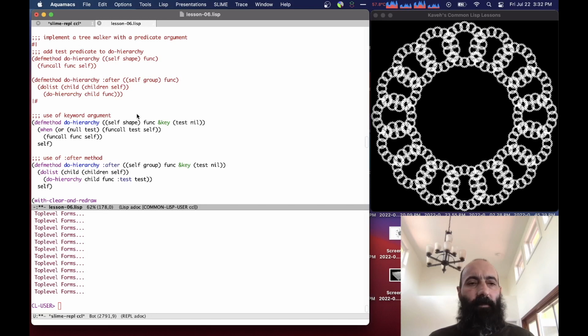So this is the first time I think we've used a keyword argument. Common Lisp has optional arguments, keyword arguments, and a bunch of other stuff for defining functions. With a keyword argument, you specify the keyword and then the value, and if you don't, then this is the default value.